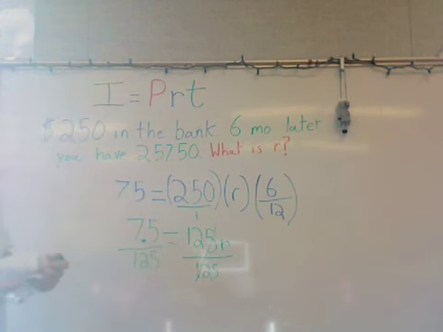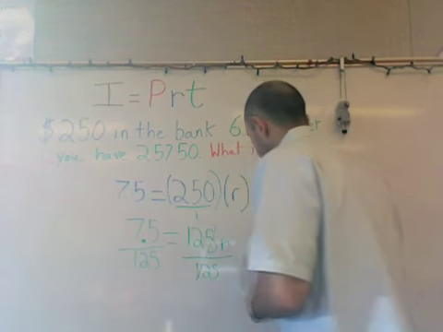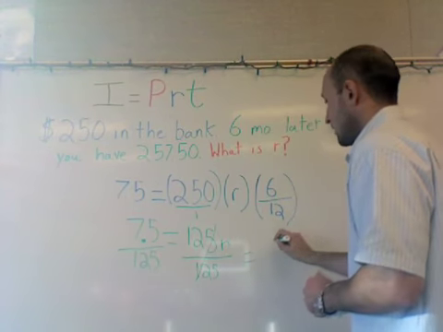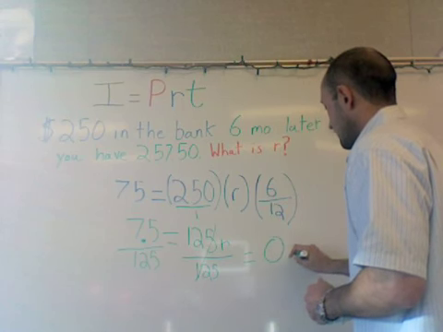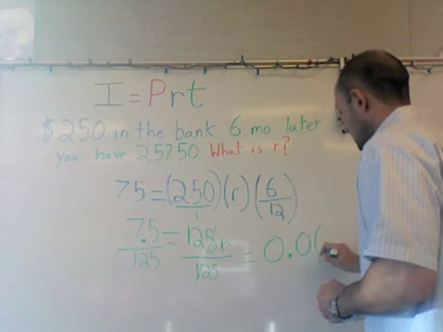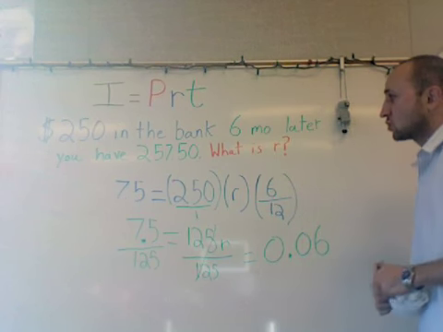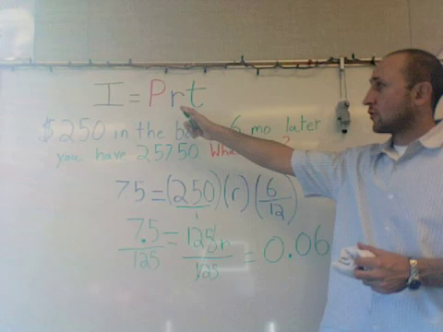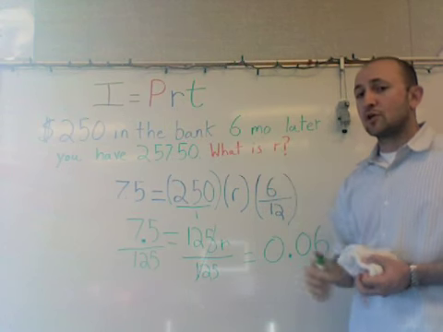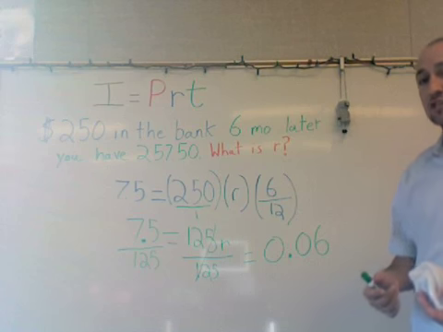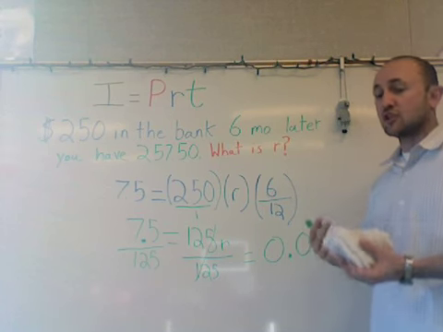Here again, we really won't be able to use mental math to solve this, but after working it out, I end up getting an answer of 0.06. And since we're trying to find a rate, if you remember I told you before, the rate's always going to be a percentage. The bank is giving us an interest percent.